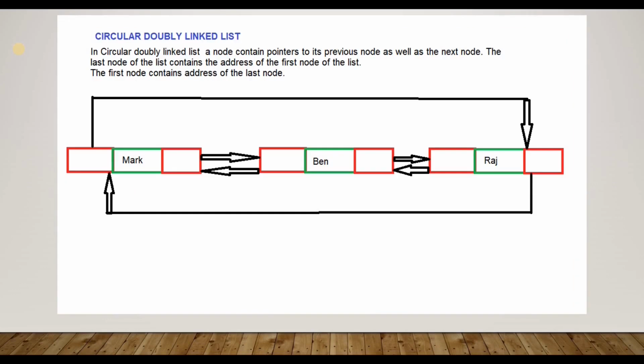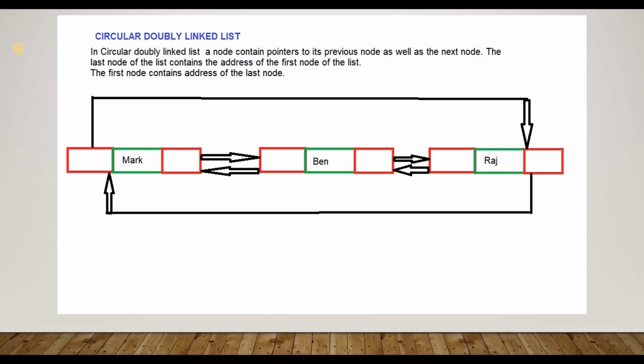And the fourth one is the circular doubly linked list. In this case, we have three nodes, and the first node points towards the second node, and the previous pointer of the second node points towards the first node.